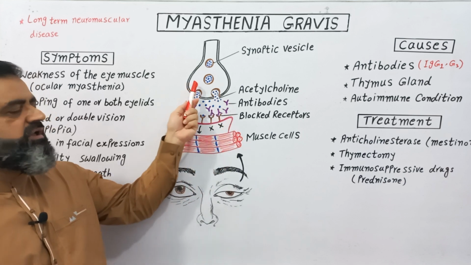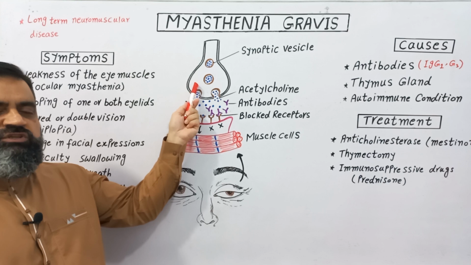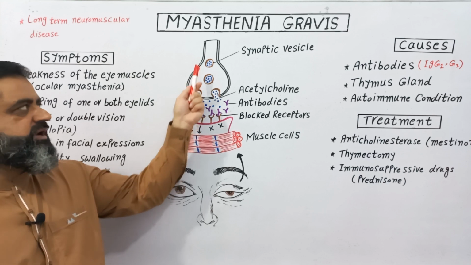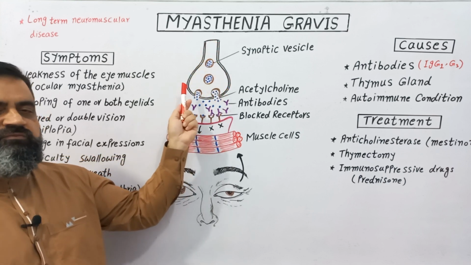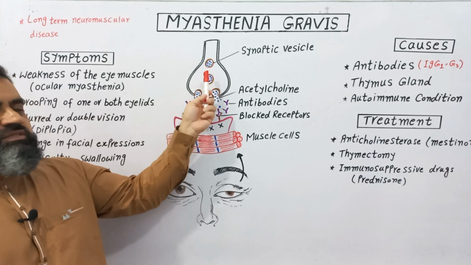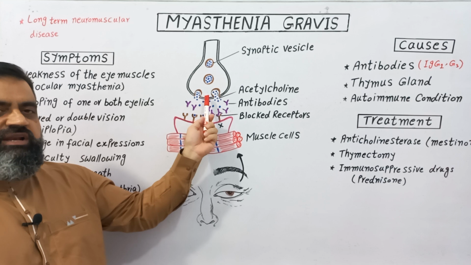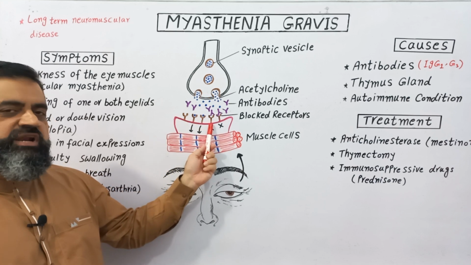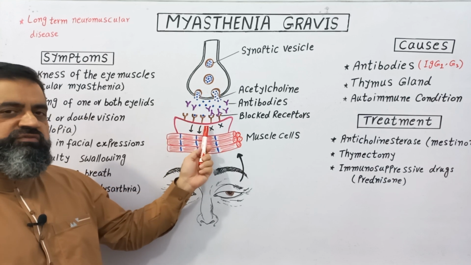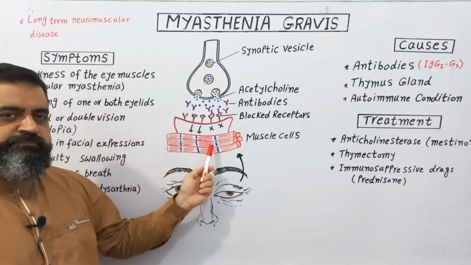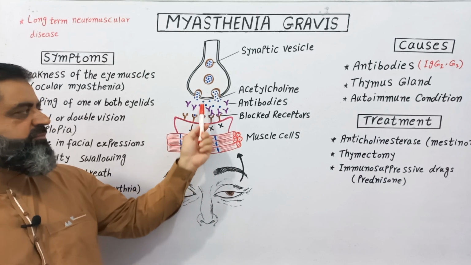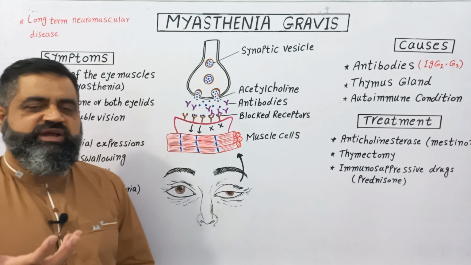This is the terminal end of a neuron coming from the central nervous system, and it is a knob-like structure. This knob-like structure has a membrane known as the presynaptic membrane, and there is a postsynaptic membrane, which is on the other side, attached to the muscle. Between these two membranes there is a gap, which is known as the synapse.